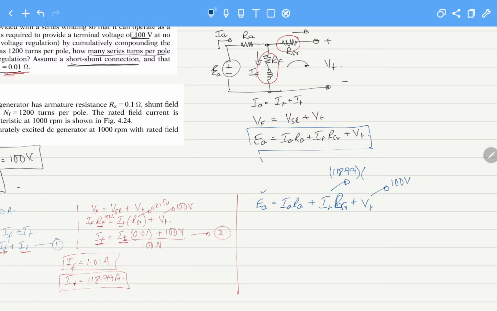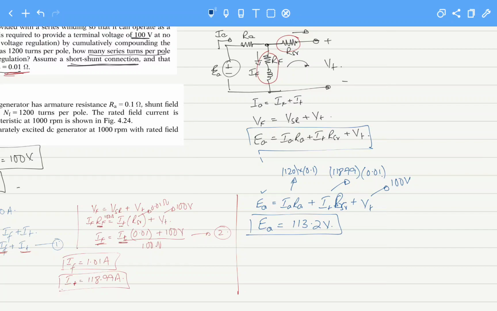What is the series resistance? 0.01 ohms. And for IA RA, what will be the current of the armature? That is 120 into 0.1, that is the armature resistance. So the value of EA that we will get is 113.2 volts. So this is the value when the machine is fully loaded.